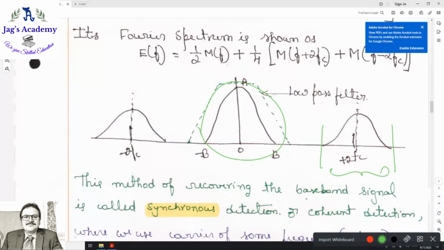This is called passband. So this is baseband, and this is baseband frequency. This one is passband frequencies. So this is passband frequency, this is baseband frequency.